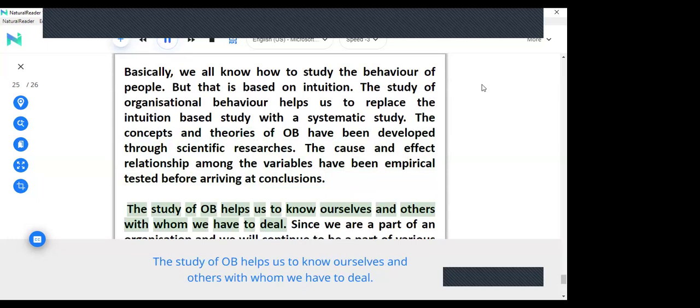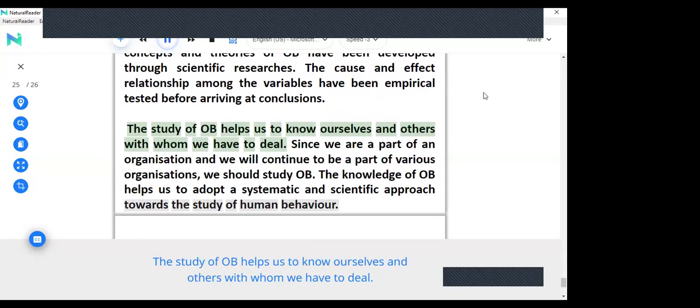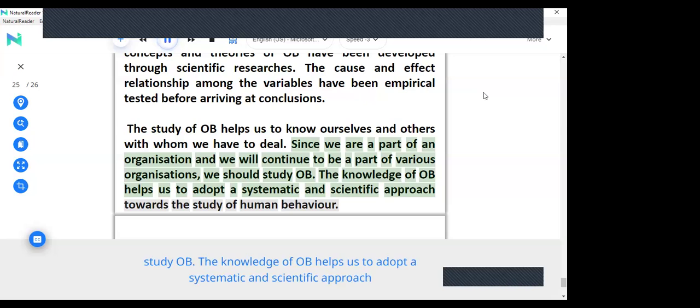The study of OB helps us to know ourselves and others with whom we have to deal. Since we are a part of an organization and we will continue to be a part of various organizations, we should study OB. The knowledge of OB helps us to adopt a systematic and scientific approach.